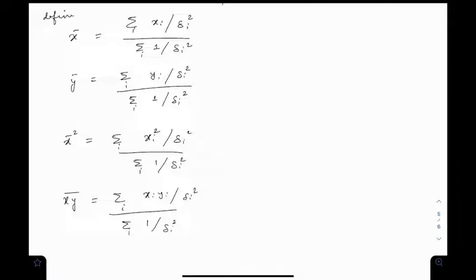Of course, in the case where all uncertainties are equal, that is, if delta i equals delta, then these expressions simplify further and we have this.